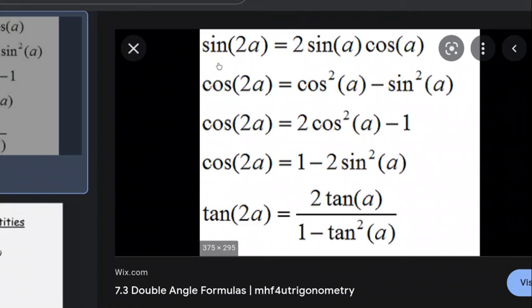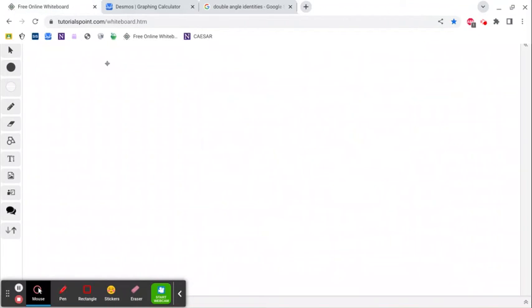I'm going to be doing my best to only use number 1, number 2, and number 5 because 3 and 4 can be derived algebraically from 2, and it's good practice to know your Pythagorean identities, and you can move back and forth between them. I think that going to this one is the easiest, though. All right.